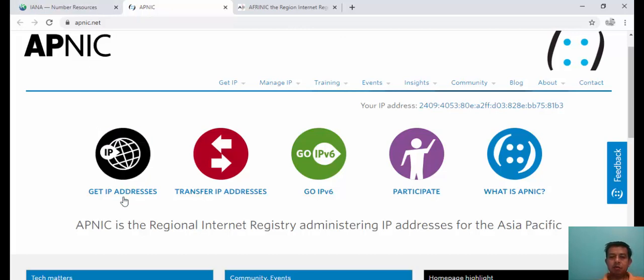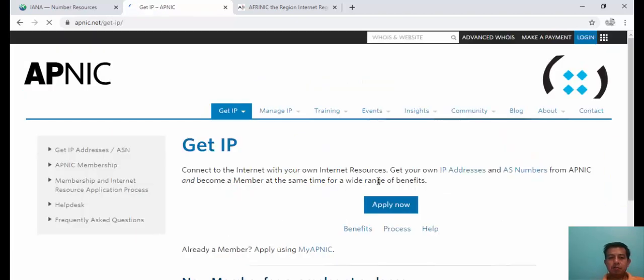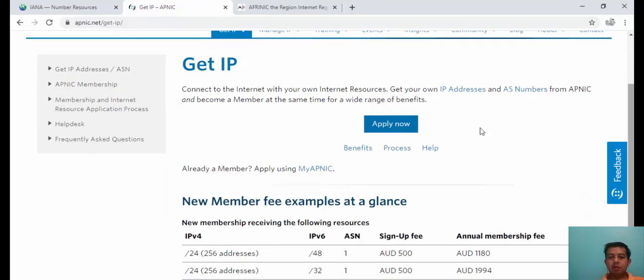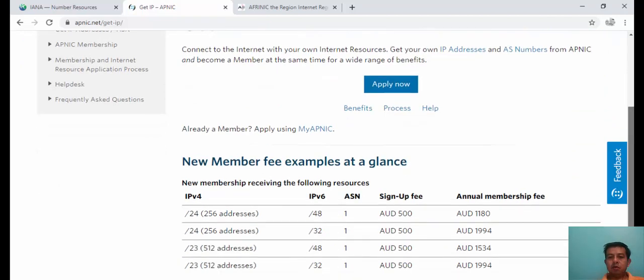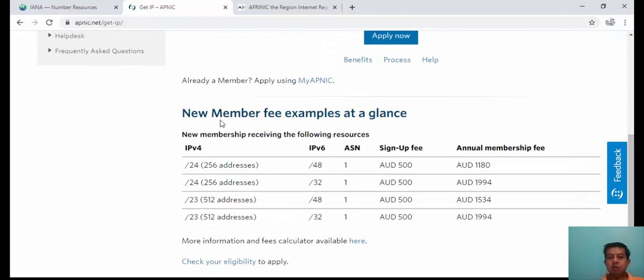Clear? Someone who wants to get an IP address would have to actually fill a form like that. If I say get IP addresses, I have to apply to get an IP address. If you look at it, there are fees also. There is a new member fee, and at a glance you can see the price for IPv4 addresses. For IPv6 there are different prices.